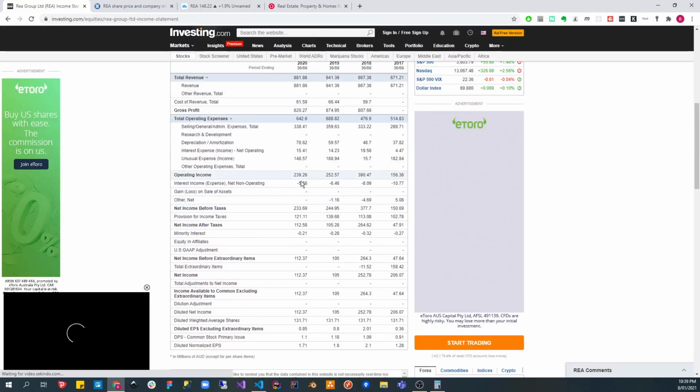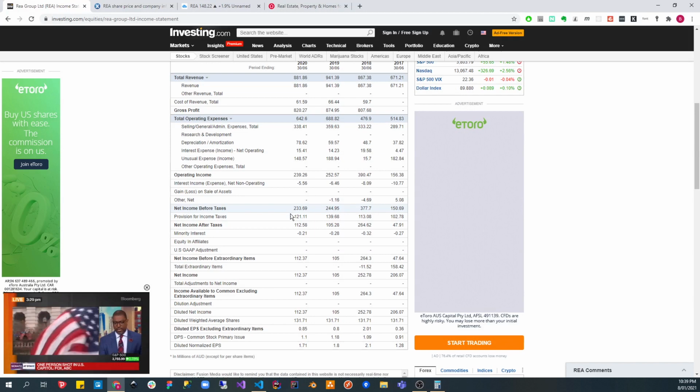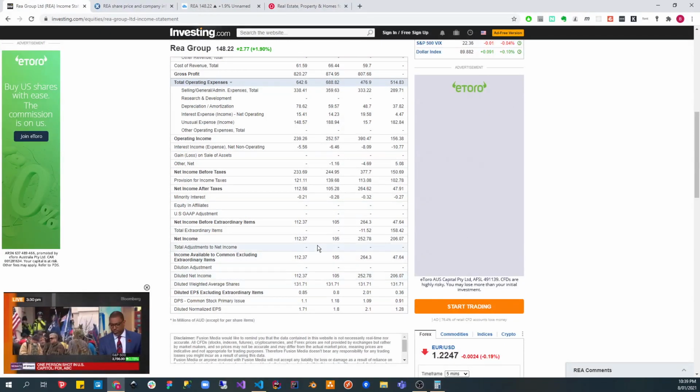Let me see. Oh, the net income before taxes, net income after taxes, net income. Here we go. The net income has actually gone up since last year. It's gone down since 2 years ago. But then again, there must be a reason. It's not much, 7 million.